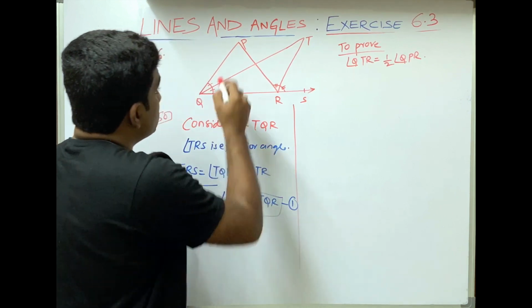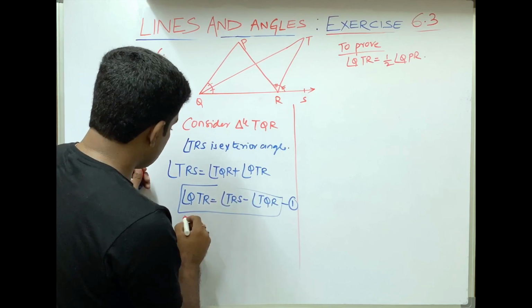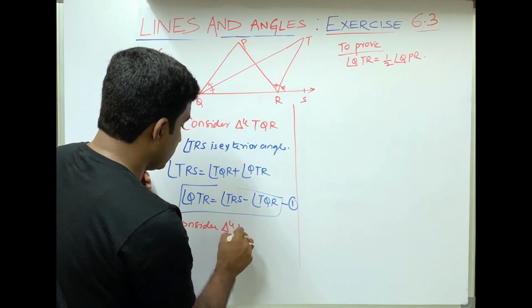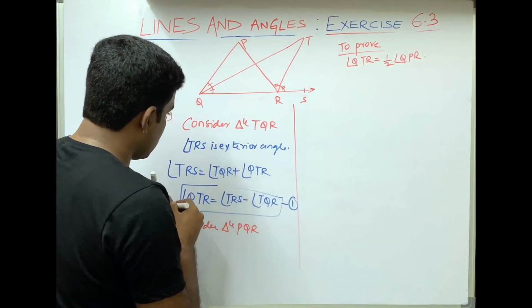Now considering the next triangle, PQR. In this, angle PRS is an exterior angle.